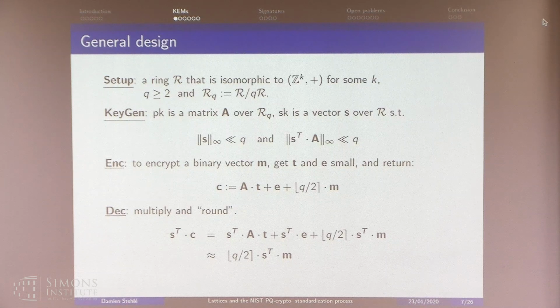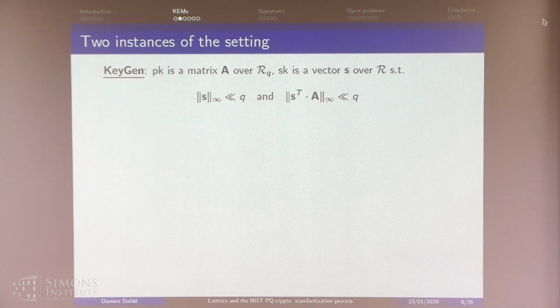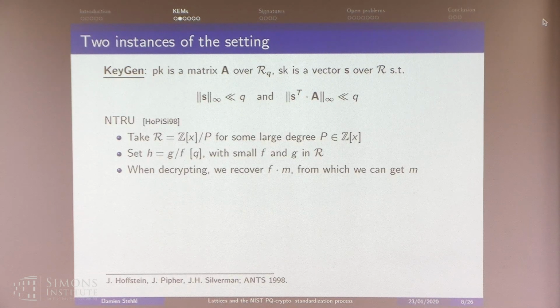Okay, so I give you two ways to instantiate this. So the oldest one is NTRU. So we've mentioned several times this week that it doesn't have a proof, but it has actually worked for almost 25 years, and it's pretty efficient.